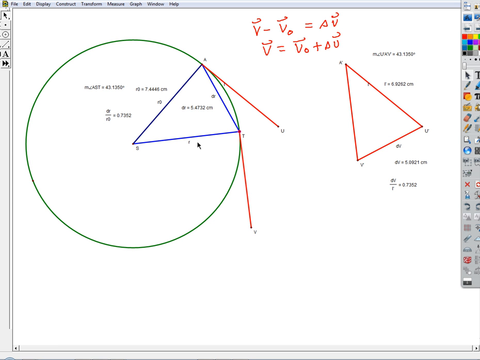If they're isosceles triangles, the base angles must always be congruent, correct? Well, if we know the vertex angles, which we already measured, are congruent, then the base angles must also be congruent. What does congruent mean? Congruent means that the angles have the same measures.